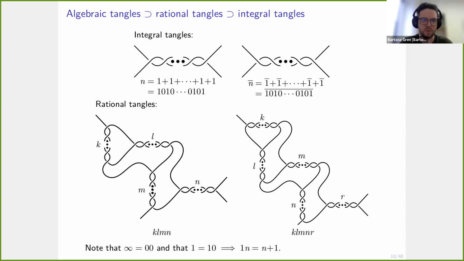And using these integral tangles, we can create rational tangles. Those are tangles which can be represented as a multiplication of integral tangles.